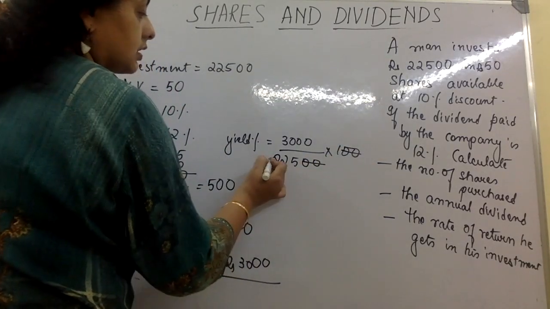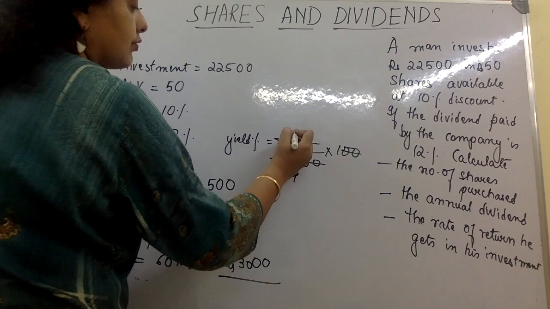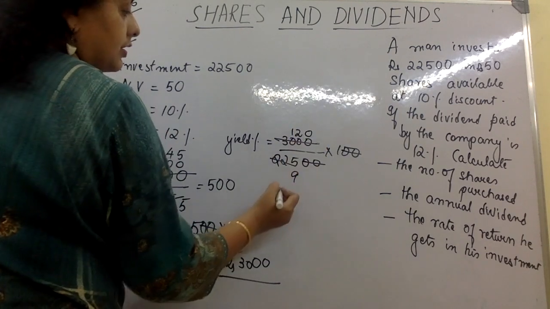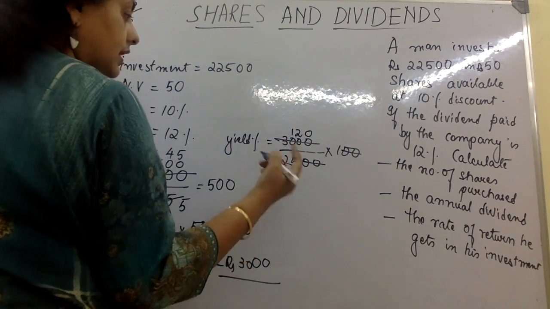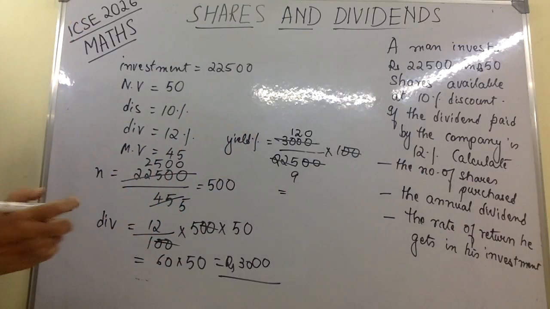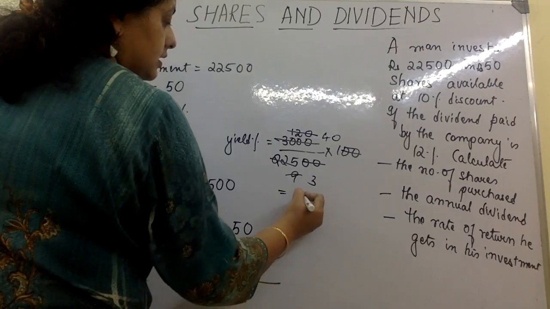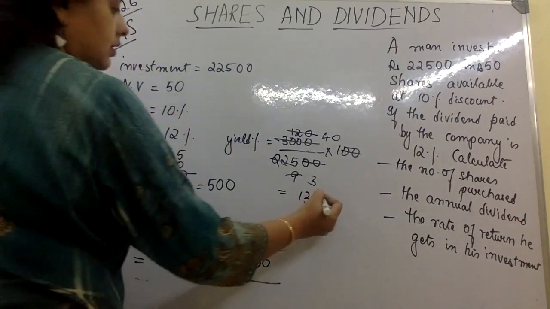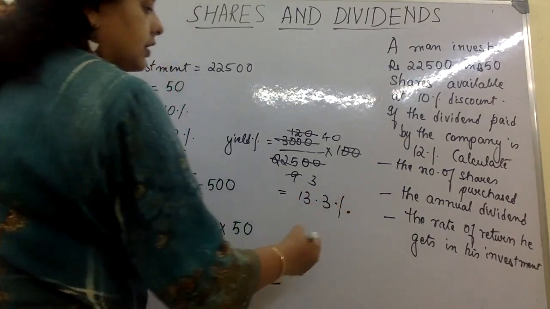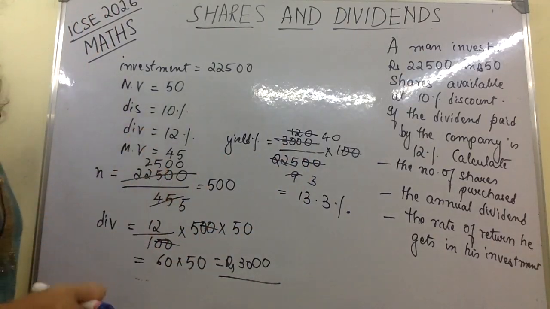Here goes, this is 25, 9, 25, 120. So here if I divide 120 by 9, I'll get 40 by 3, which is 13.3%. The rate of return is 13.3%.